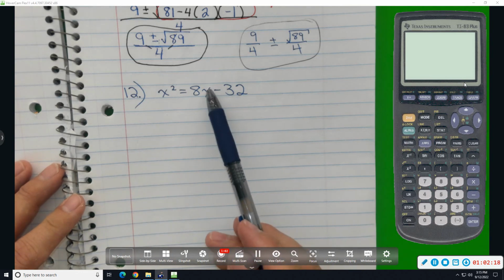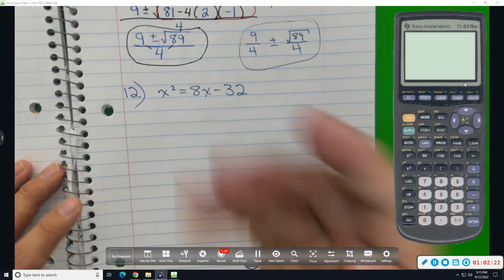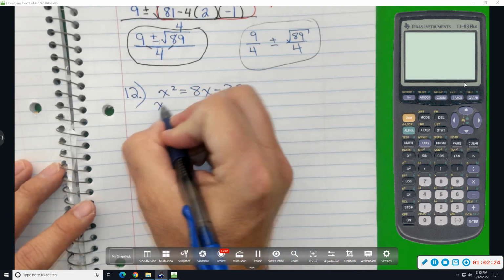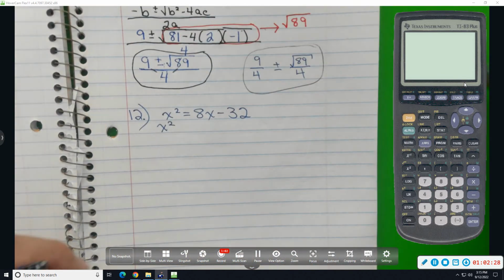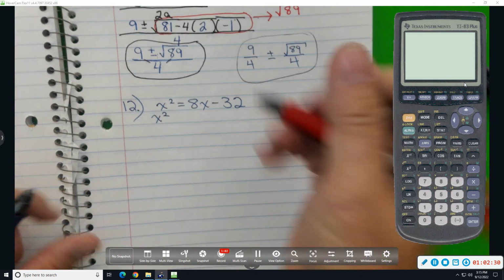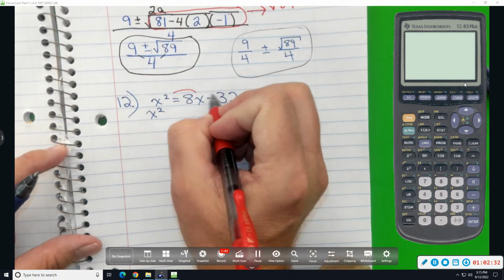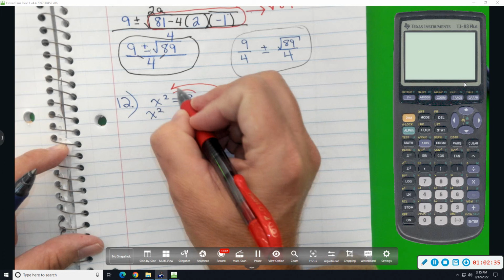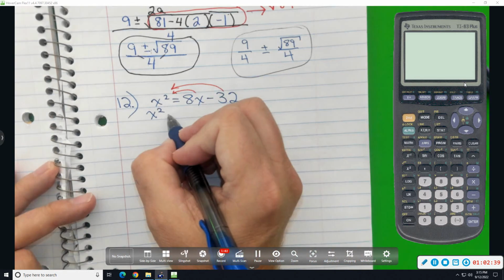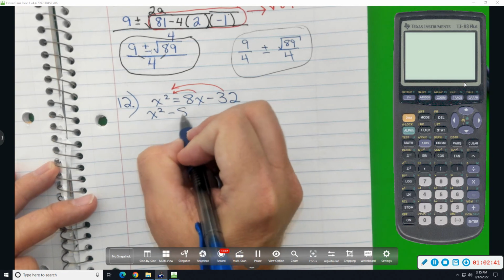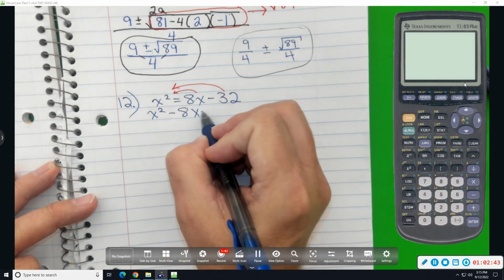So what I'm going to do, I'm going to move these two terms over to the left. So I have that positive 1x squared, and I'm moving these two things over, there and there. That's going to become a negative 8 here, and positive 32 here.